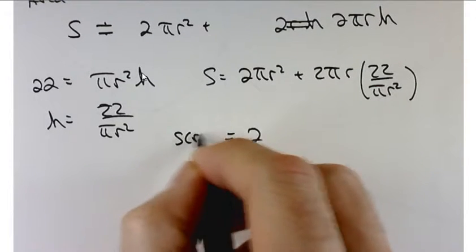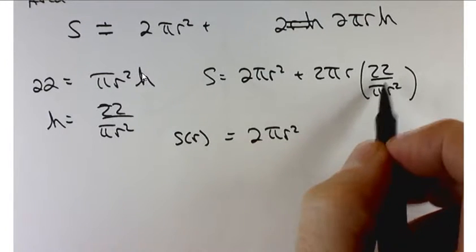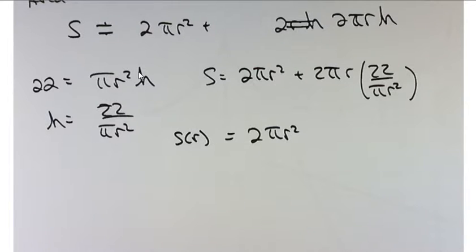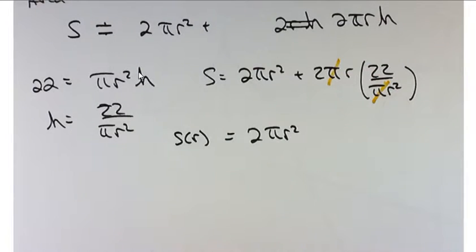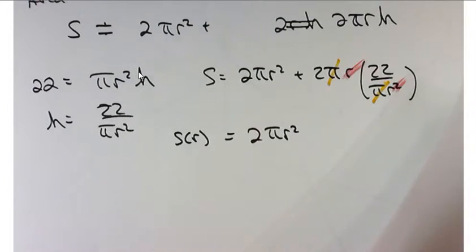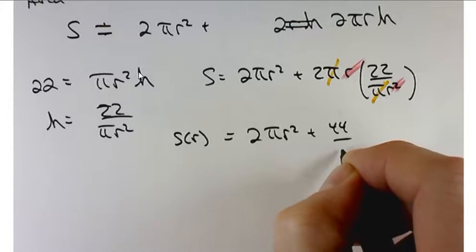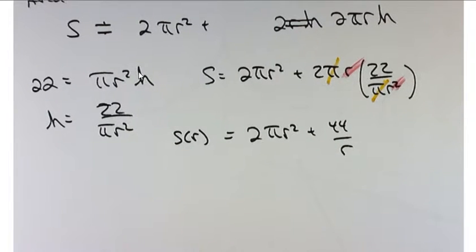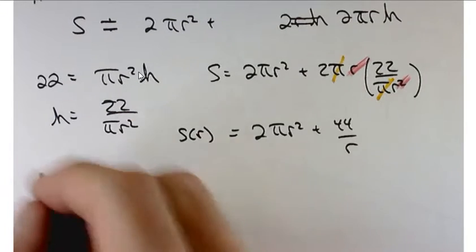Let's call this S of r now. This is 2 pi r squared. Pi will cancel out from both of these. What else will cancel? One of the r's. So that'll take out one of those. And you're left with 44 over r.